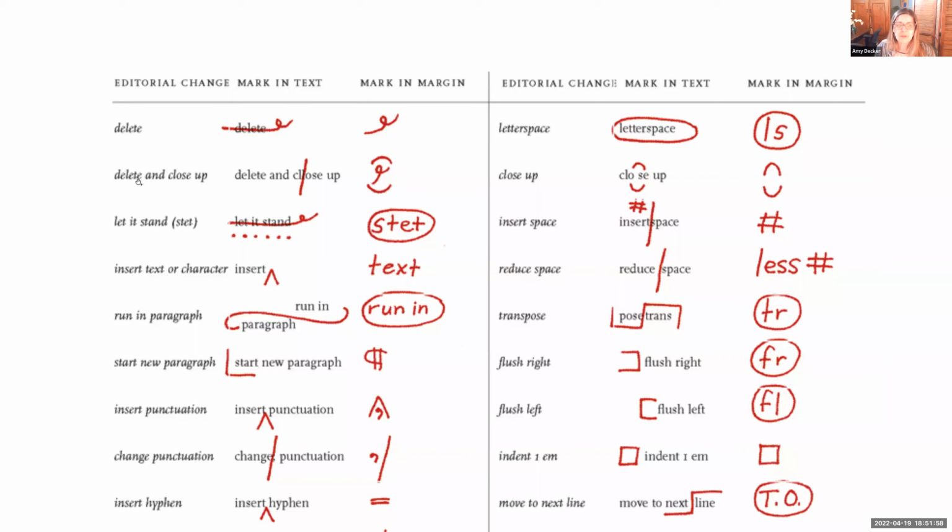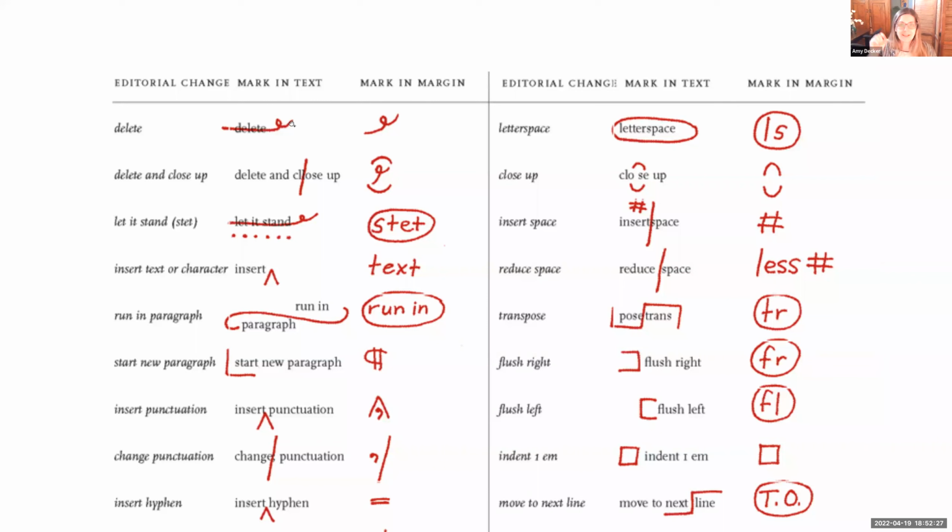And so if it's a word within a sentence, just a vertical line through it, but I feel people also put the little tail on the end of it. And you can see up here, it says mark and margin. So not only do you delete in the actual paragraph where the text is, but you're going to also mark to the side that you're doing a deletion.